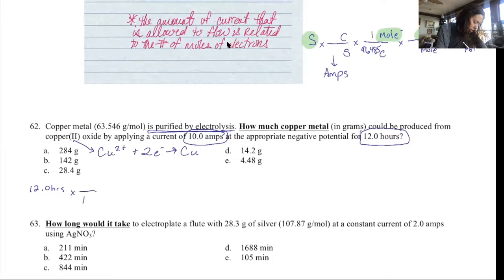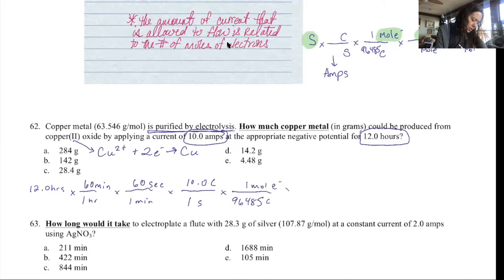I know that every 1 hour is 60 minutes. Every 1 minute is 60 seconds. If I look at my amps, every 1 second is 10 coulombs. There's 96485 coulombs in 1 mole of electrons. There's 2 moles of electrons for every 1 mole of copper that's formed. Every 1 mole of copper has a mass of 63.546 grams.